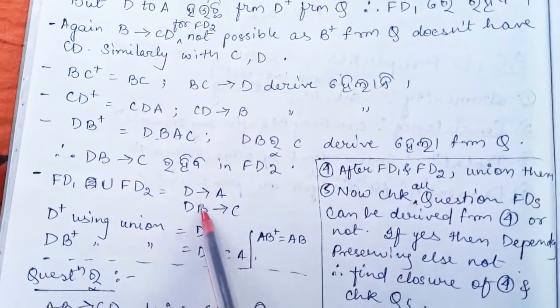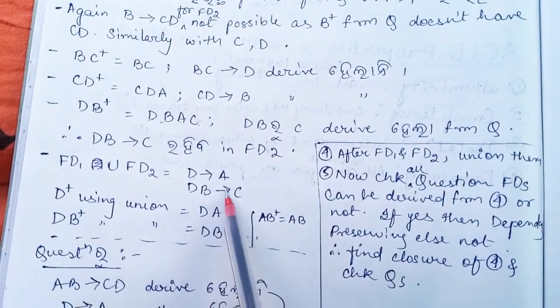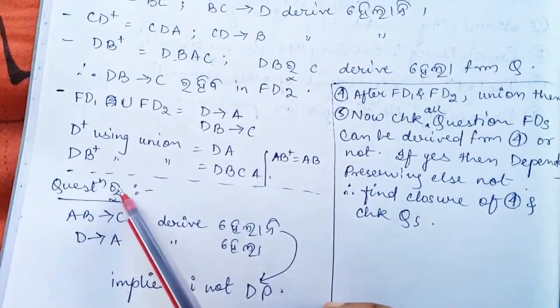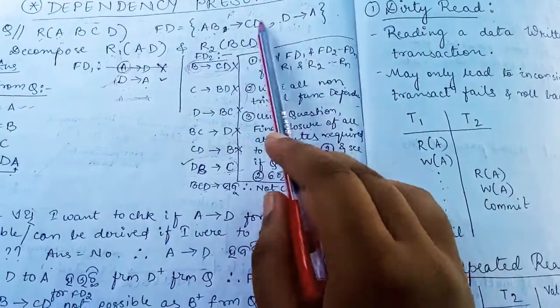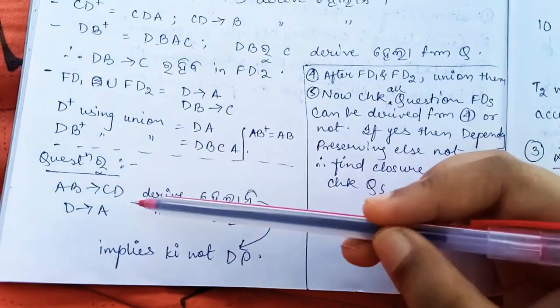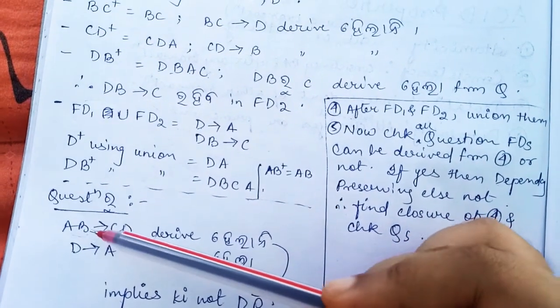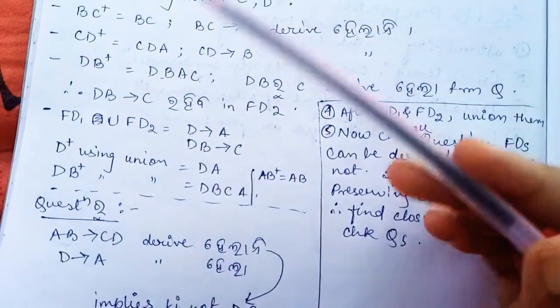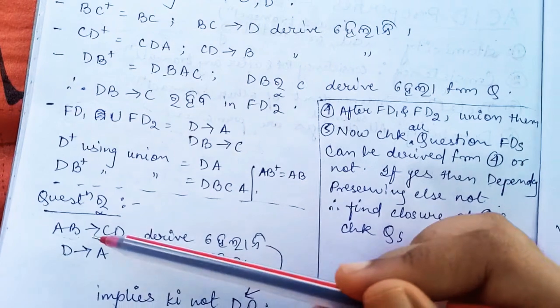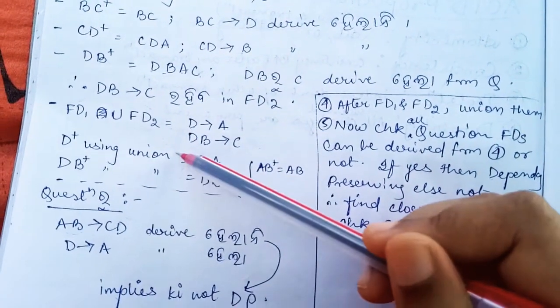Okay, so from the question we will write the dependencies, these two we have written here. We will find closure of AB using this, not using the question but using the union, because we need to check if this is present here.